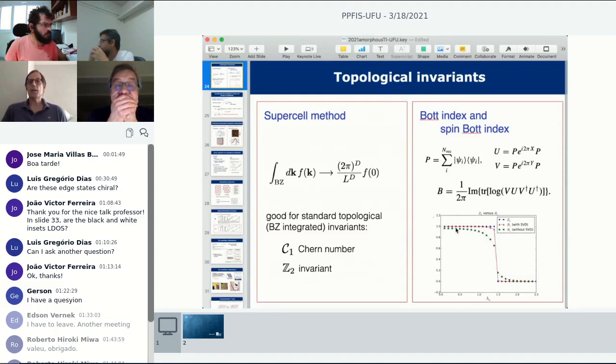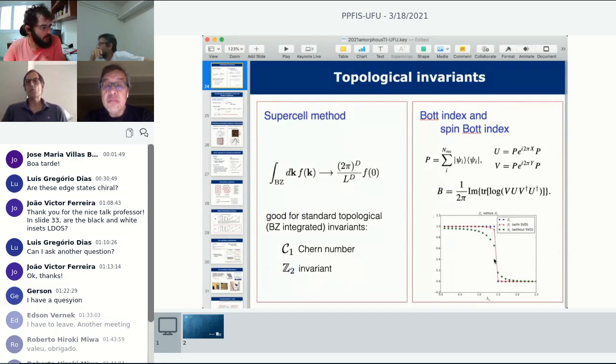But the idea is that the Z2 jumps as a function of some parameter of the Hamiltonian, and it jumps very sharply. And this red curve is the Bott index. Forget about the green, it's not interesting.